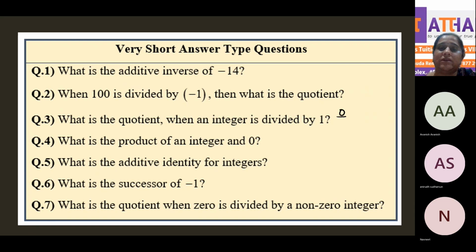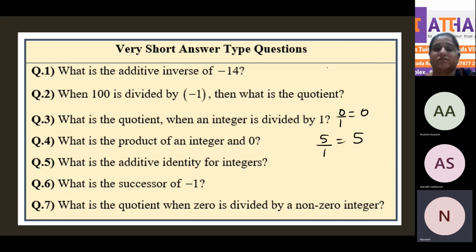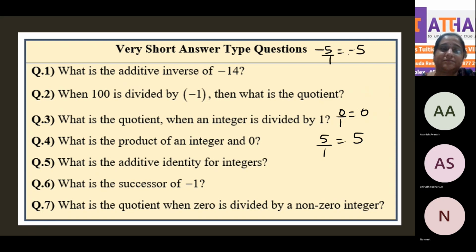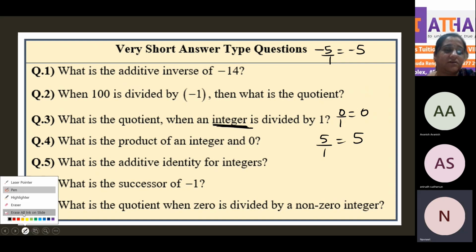So like 0 by 1 is 0 itself. 5 by 1 is 5 itself. Minus 5 by 1 is minus 5 itself. So the quotient when an integer is divided by 1 is the integer itself. Because they've given integer here, you must say the integer itself.